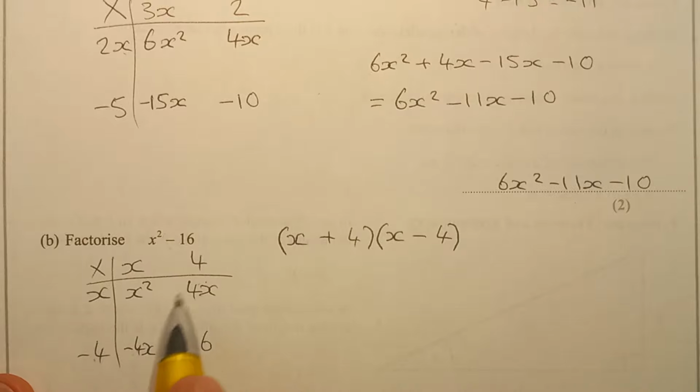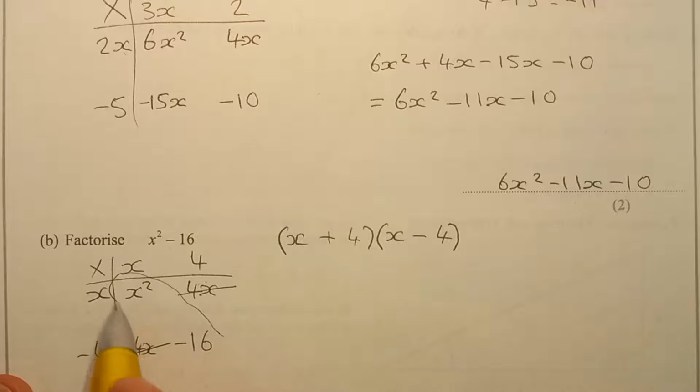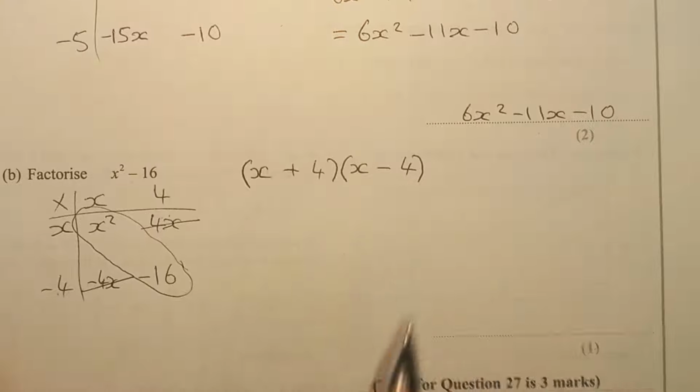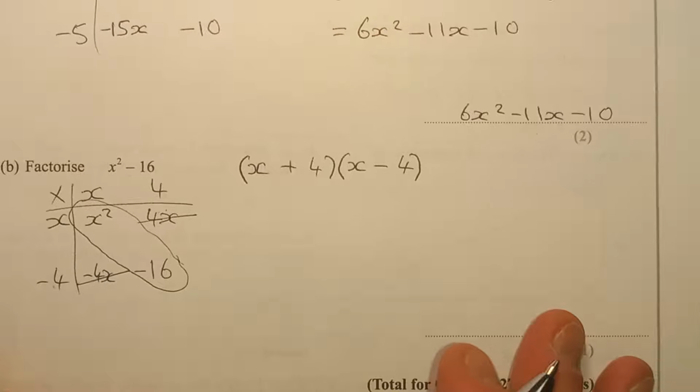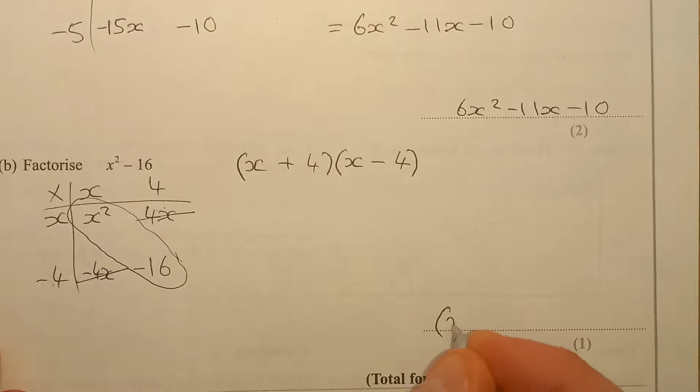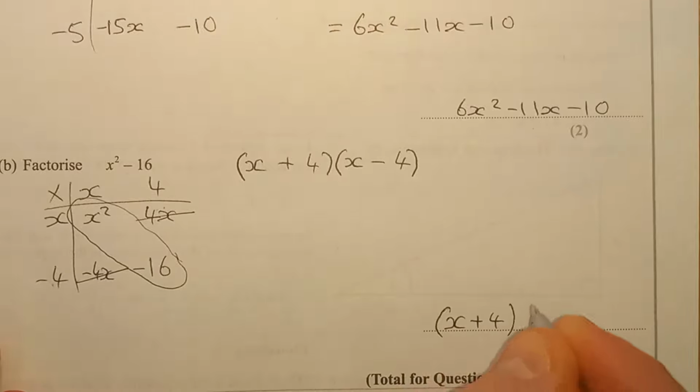So these two are going to cancel out, because plus 4x minus 4x will just leave us with x squared minus 16. So the factorised bit, I'll put in brackets x plus 4 times x minus 4.